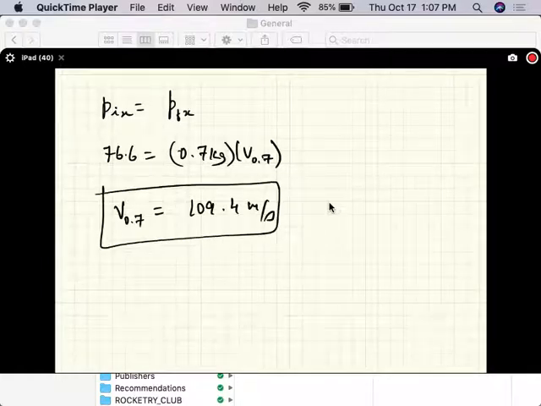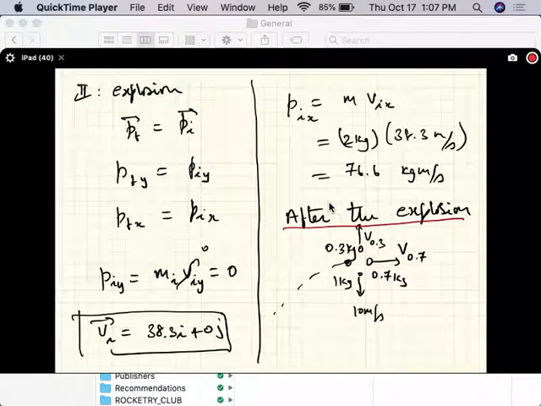So that piece is going at 107 meters per second. Let me point out something. When this piece got to the top and exploded, just before the explosion it was going at 38 meters per second, and it was a 2 kg object.